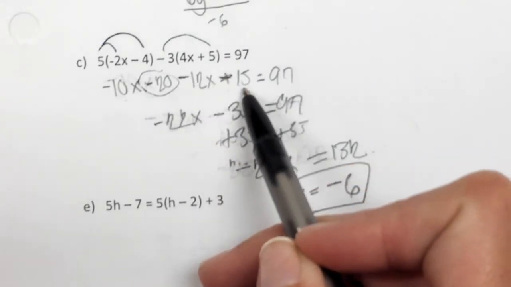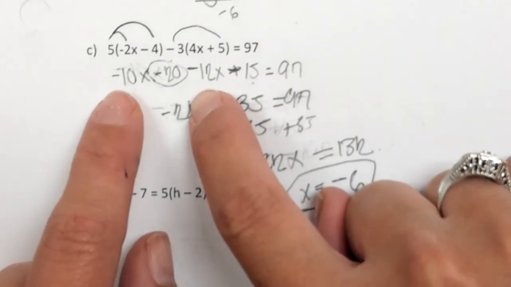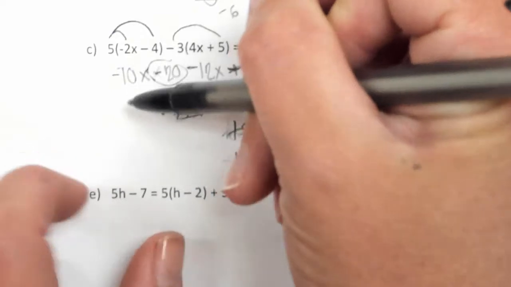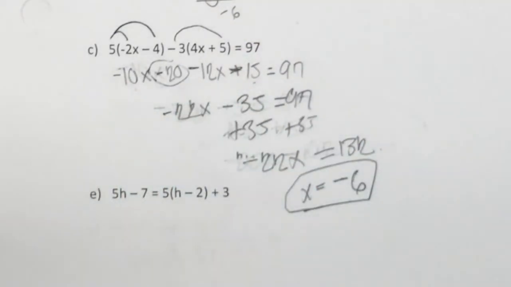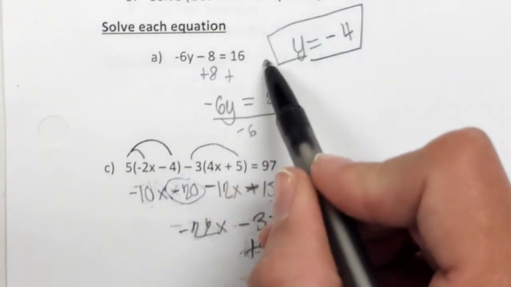Let's talk about these two. Would I have to add 12x to 10x? Why don't I have to change that sign? Good. They're on the same side of the equal sign, right? So you only change it over, like in this one, when we're moving the 8 somewhere, correct?